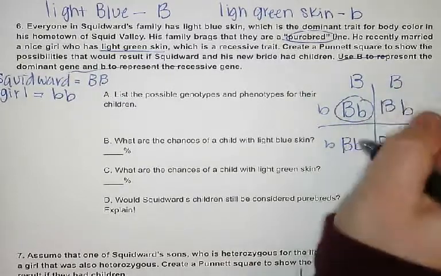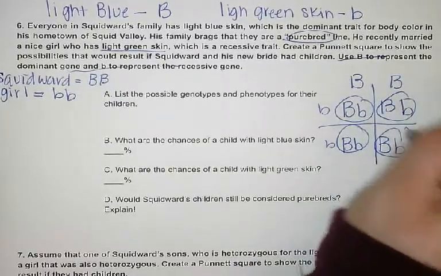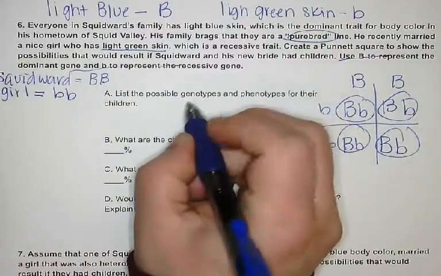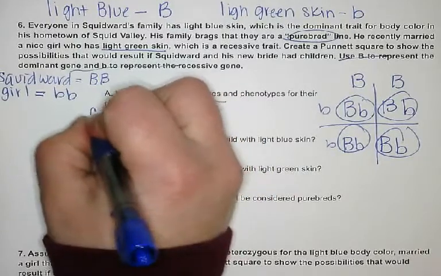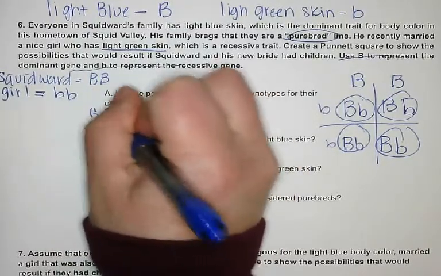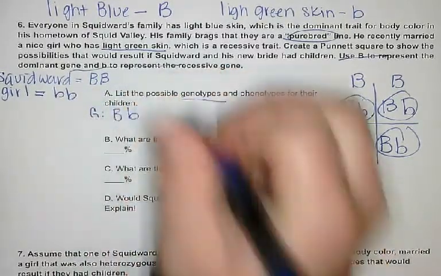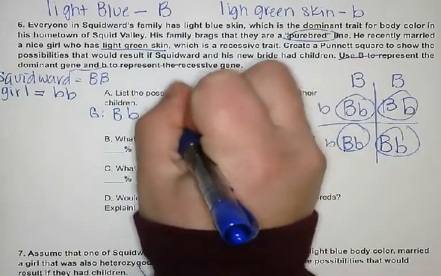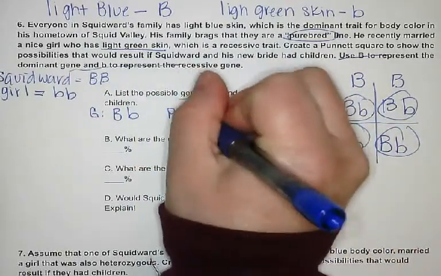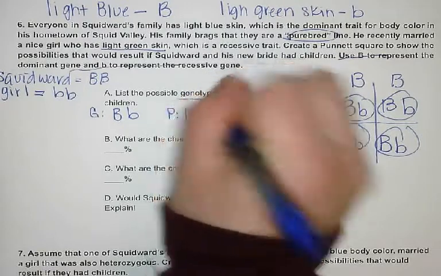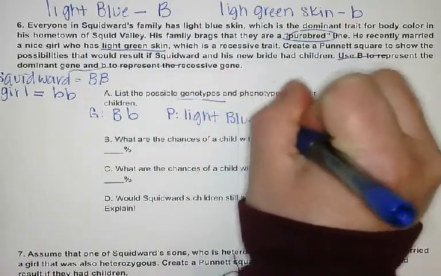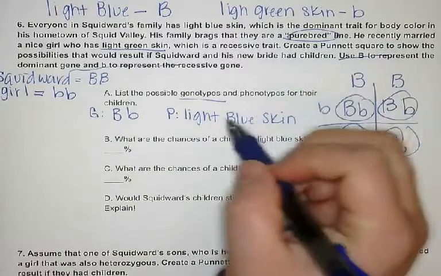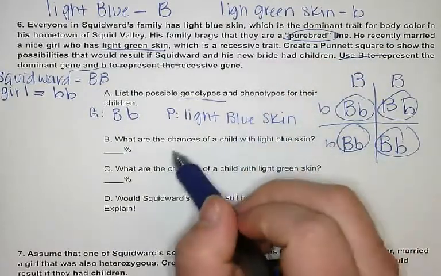So here are all your children's possibilities. So they're all going to be big B, little b. Their phenotypes are all going to be light blue skin, because they all have big B.